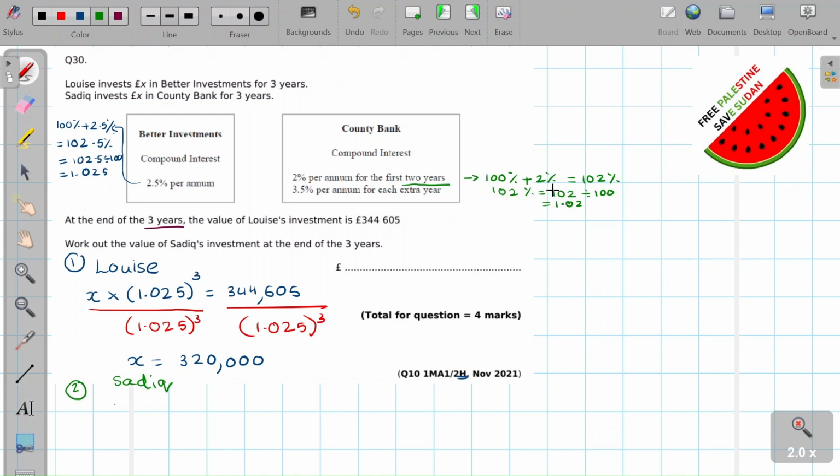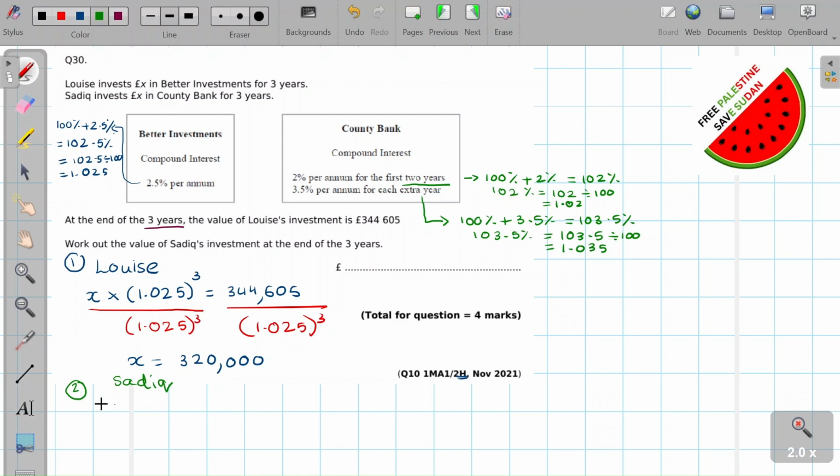And before I forget, I'm going to do the multiplier for this one as well for the third year. So 100% plus 3.5% is 103.5%, and 103.5% is 103.5 divided by 100, which is 1.035.